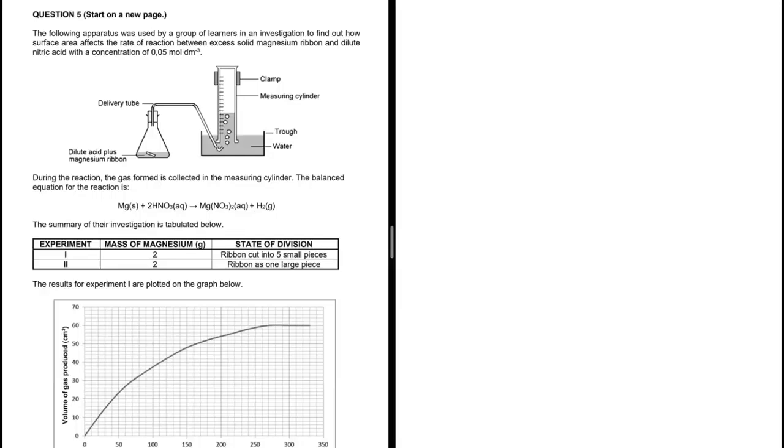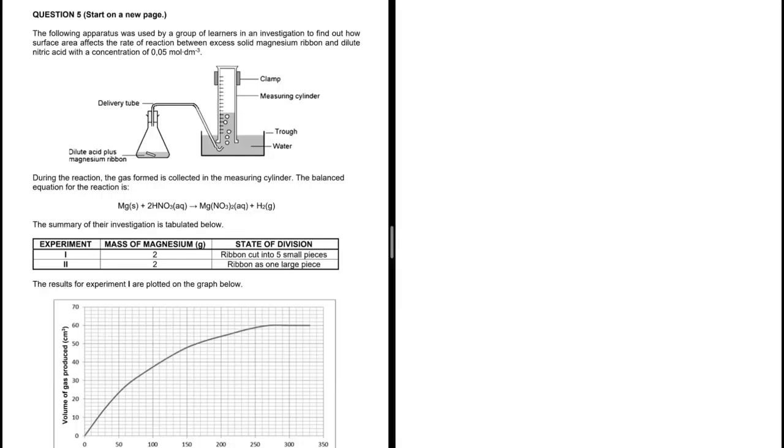So now the number of moles of hydrogen gas is to the number of moles of magnesium. We have a 1:1 relationship, right? The balancing coefficients is 1:1. So here, the number of moles of magnesium should also be equals to 0.0025 moles.